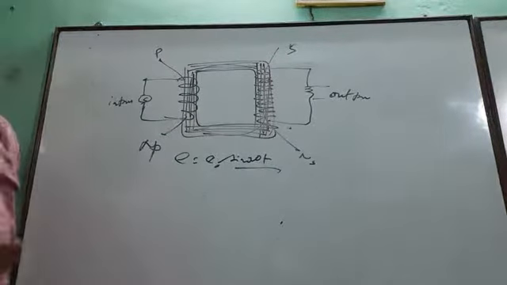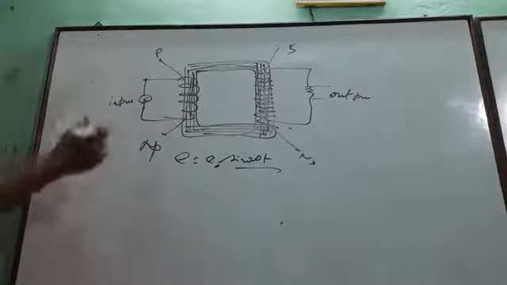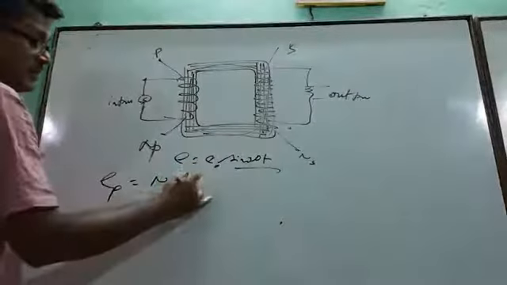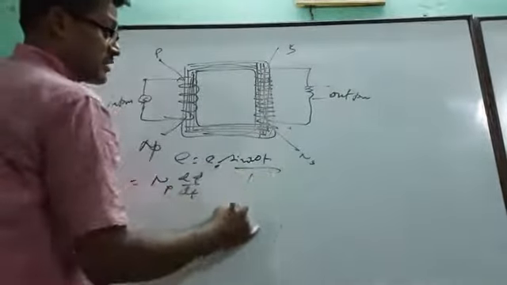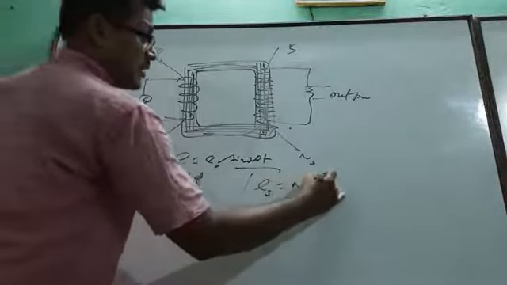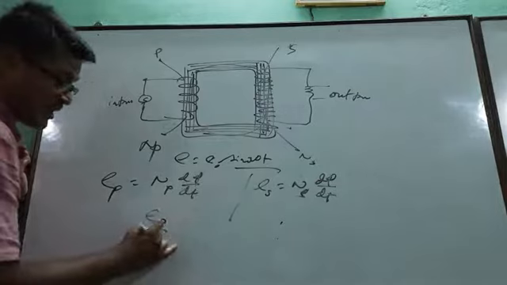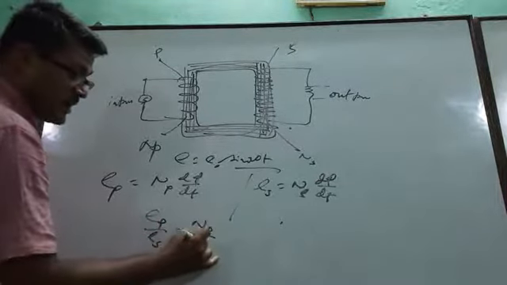So E primary equals N primary d phi/dt, and E secondary equals N secondary into d phi/dt. So E primary by E secondary equals N primary by N secondary.